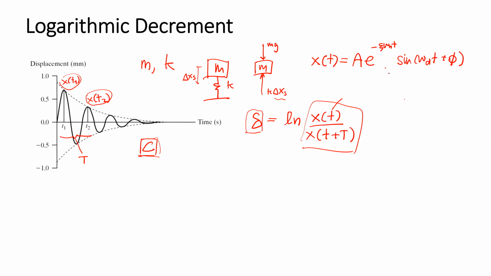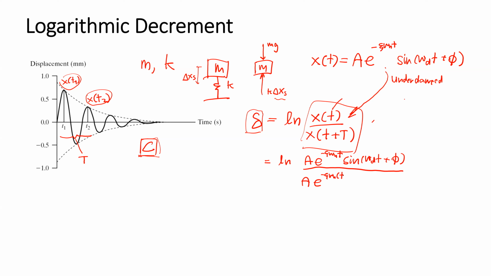So if we use this form of the solution of the underdamped vibration, the logarithmic decrement is equal to log of a e to the minus psi omega n t times the function of omega d t plus phi, divided by a e to the minus psi omega n times t plus the period of vibration, and the function of omega d t.